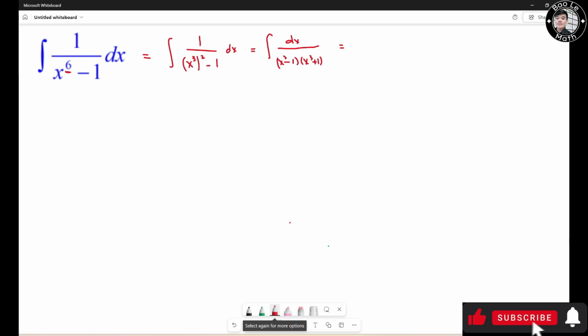Now next one, we need to use fraction decomposition to split this guy up. Alright, so it turns out to be the integral of, now this one we just write as power of 3 plus 1 minus s power of 3 plus 1 over s power of 3 minus 1 times s power of 3 plus 1.